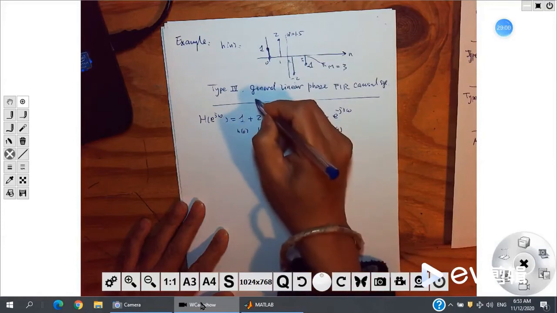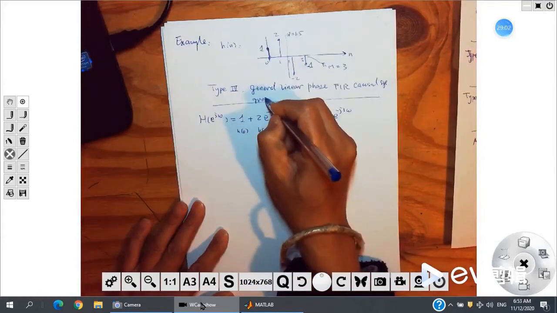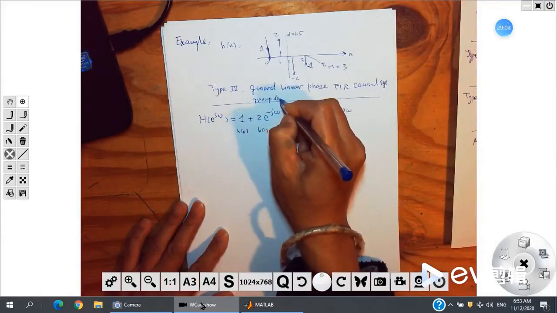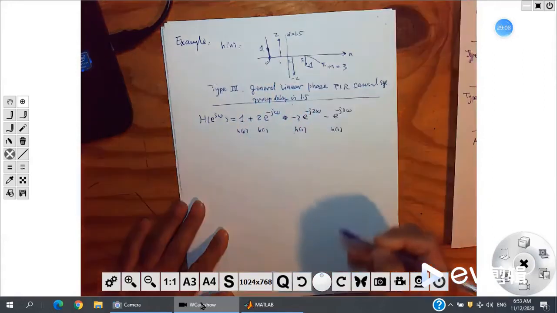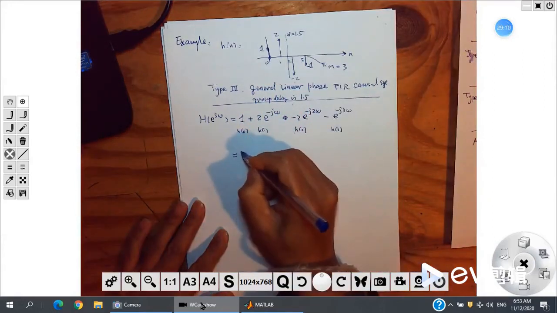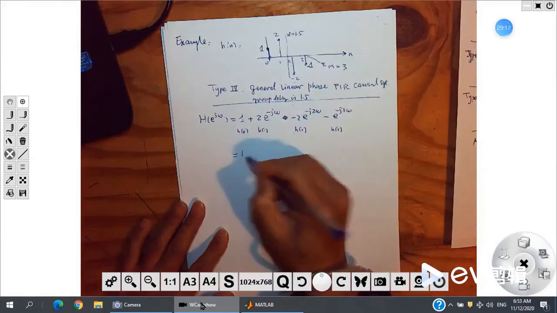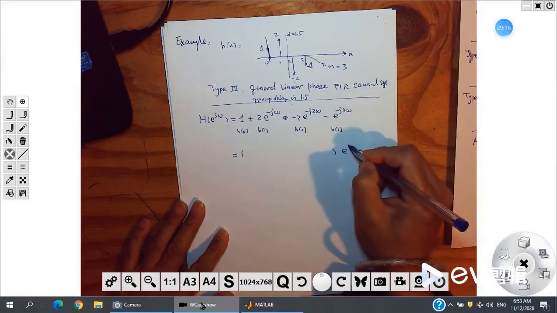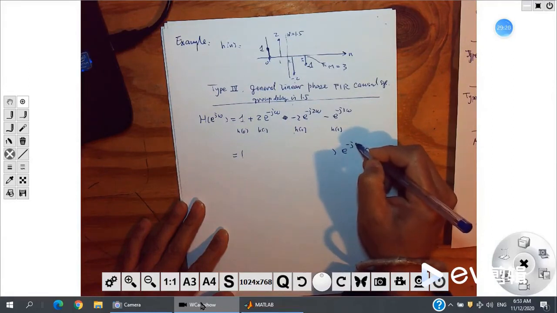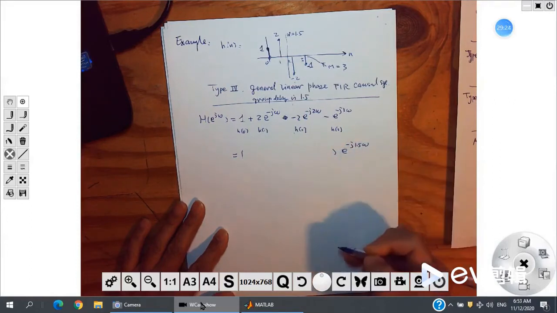We already know the group delay is 1.5. You just check the graph. The group delay factor should be e to the negative j times 1.5 ω.